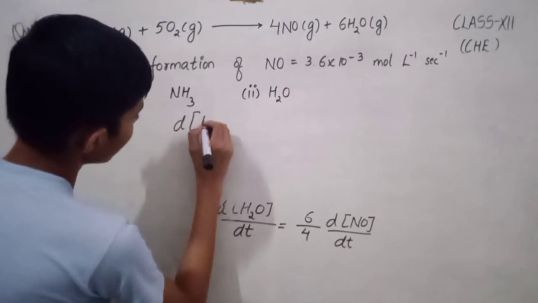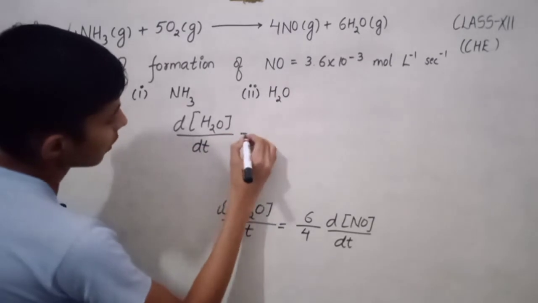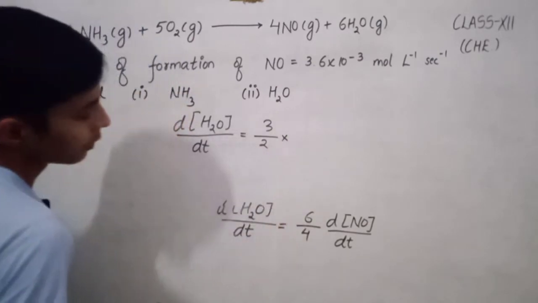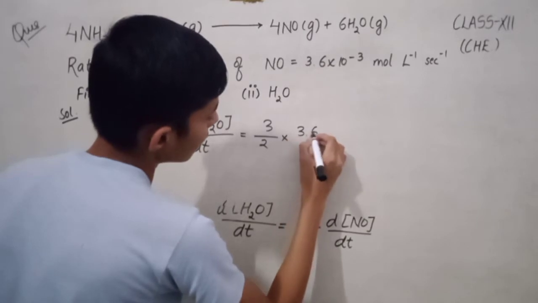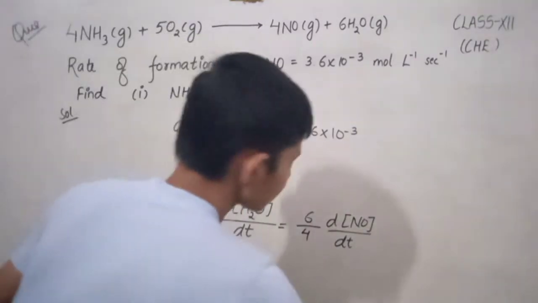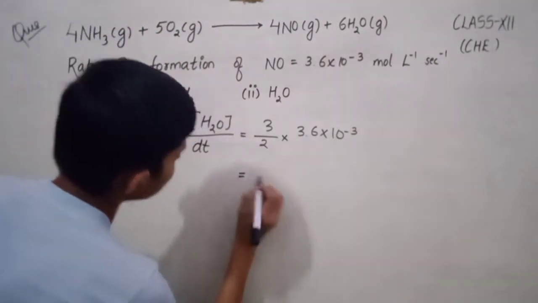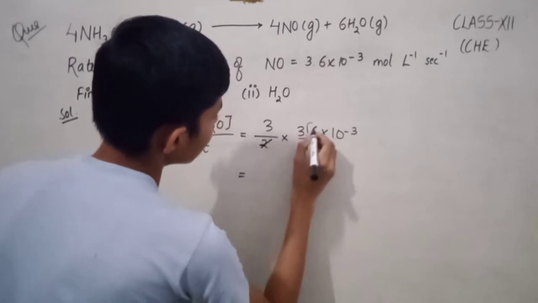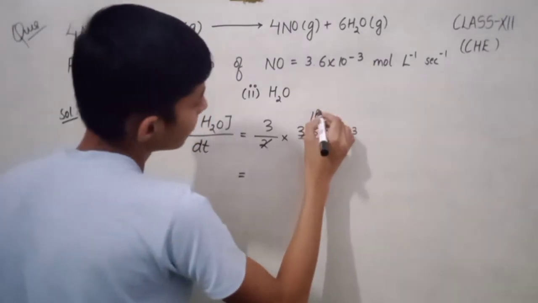So d concentration of H2O divided by dt equals to 3/2 into the rate of formation of NO, which is 3.6 into 10 raised to the power -3. So this will be equal to 36 divided by 2 equals to 18.